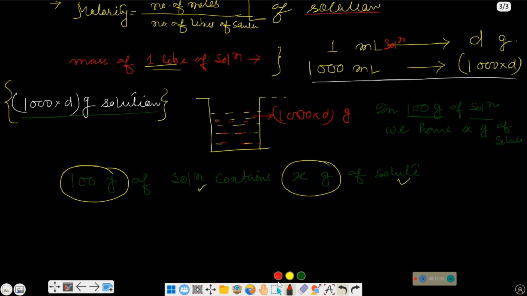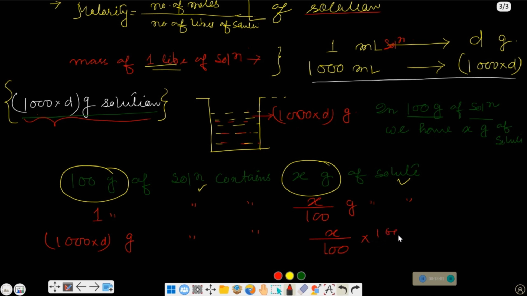So if we write now, 1 gram solution contains x by 100 gram of solute. How much solution do we have in total? It is 1000 into d gram of solution, so how much will it contain? x by 100 into 1000 into d, right? And this is equal to how much?